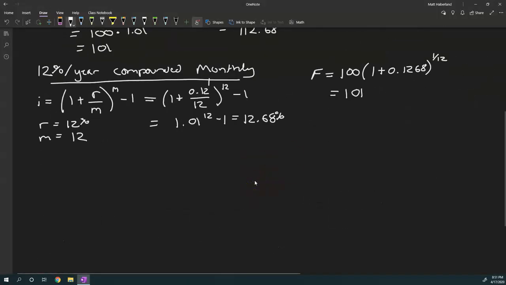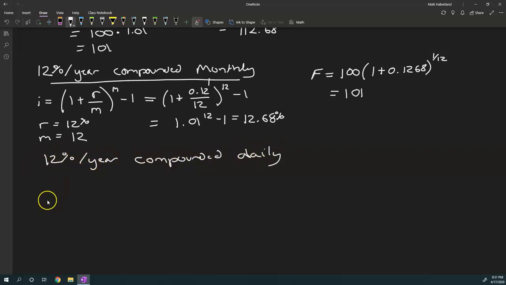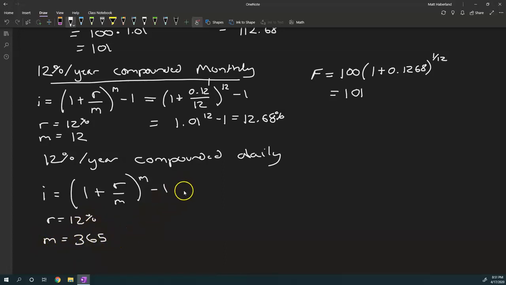So that's 12% per year compounded monthly. This is now 12% per year compounded daily. All right. The effective interest rate now per year is 1 plus r over m, to the m, minus 1, but now r is still 12%, and m is the number of times per year it's compounded, 365 days per year.